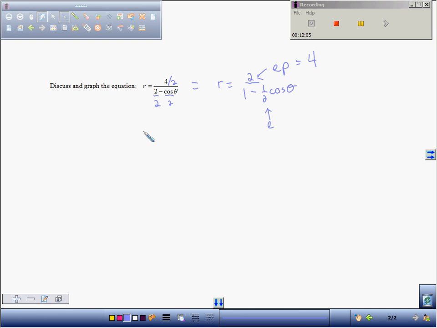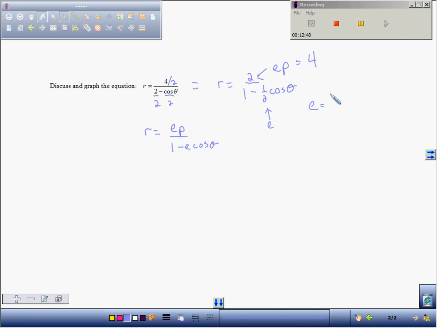From the formula, r equals EP over 1 minus E cosine theta. So just based on the look of this, we know that the eccentricity is 1/2 and that P is 4, and we'll talk in a minute about what P is, but P is the distance from the directrix, so that helps us locate the directrix. So based on this, if E is 1/2, what shape is this?